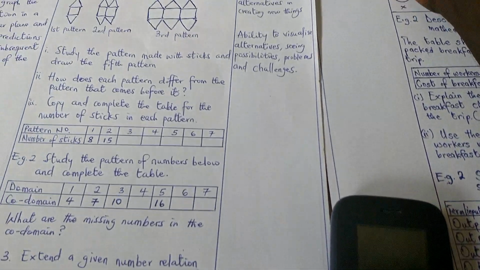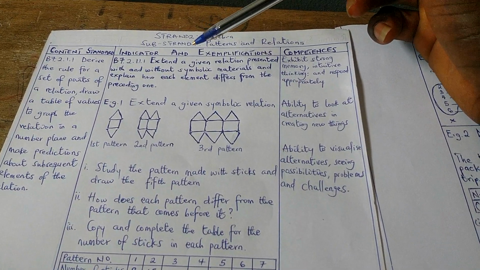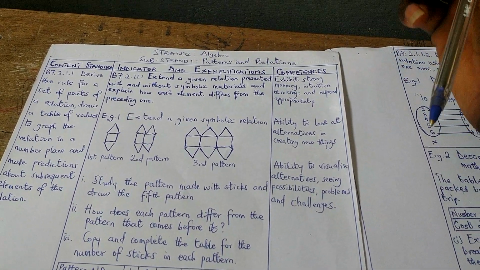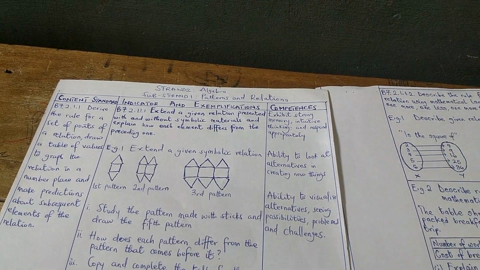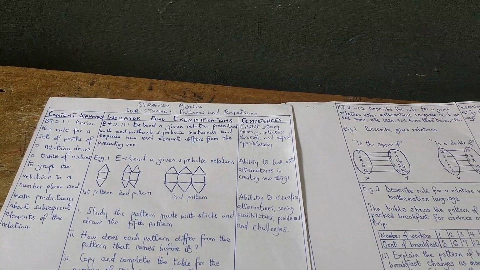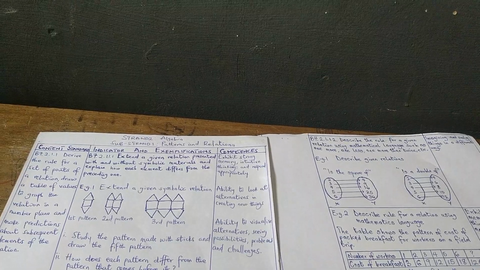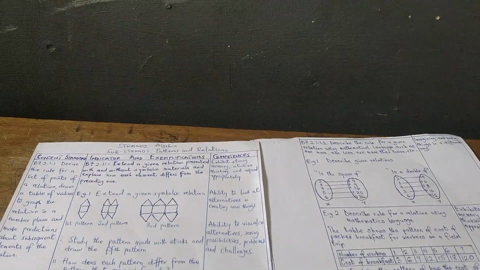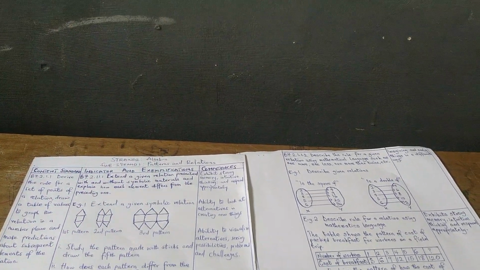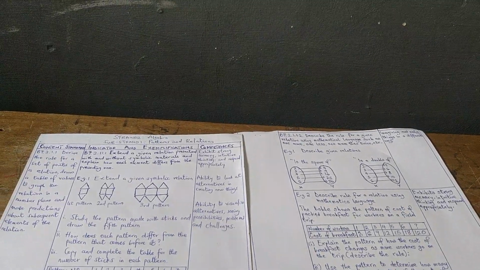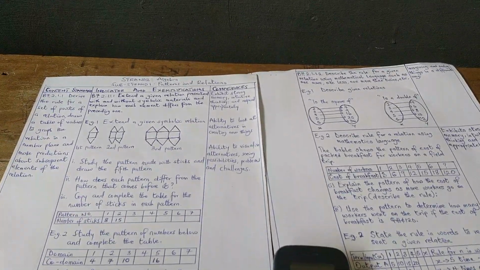When you come to the curriculum, you will see the full statement there, which says: extend a given relation presented with and without symbolic materials and explain how each element differs from the preceding one. So that is what we are to teach for week 8.